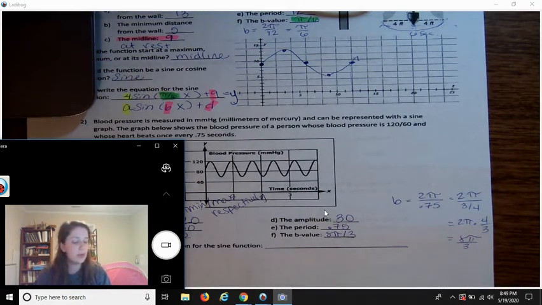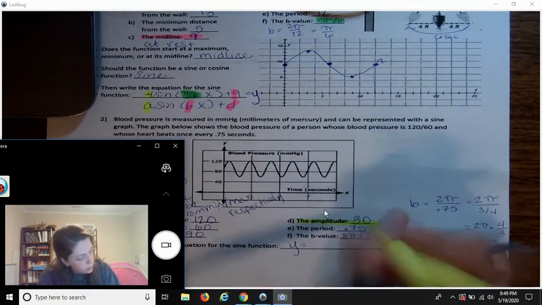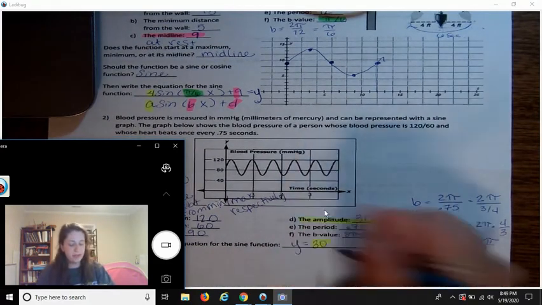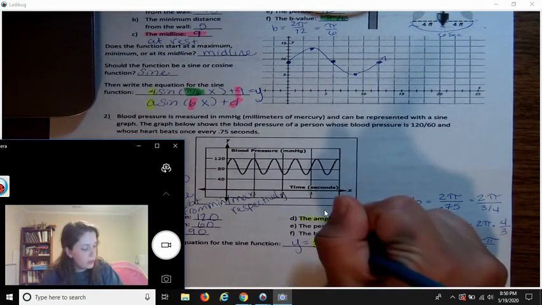So then it says write the equation for the sine function. So we have y equals, the first thing we want is our amplitude, which is 30. Oh, I should definitely write before I highlight. Then we need our sine value.